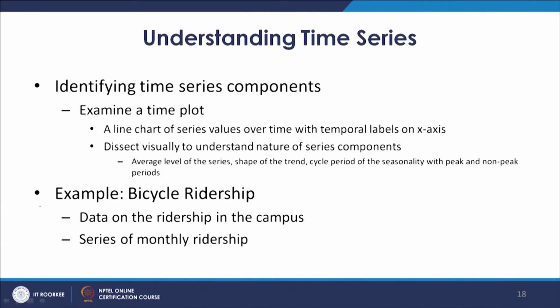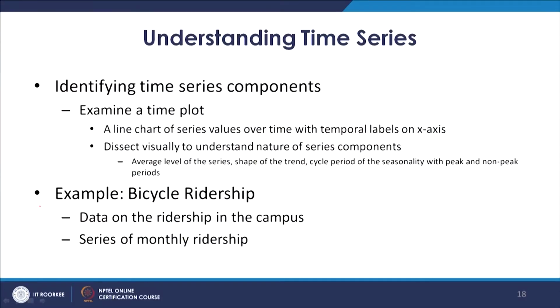Then the cycle period of the seasonality: if there is any cyclical behavior present in the series, it should also be clearly visible in the time plot. More often than not we would be able to identify the cycle period, what the peak periods are, and what the non-peak periods are. So, some of these details we would be able to observe from the time plot.